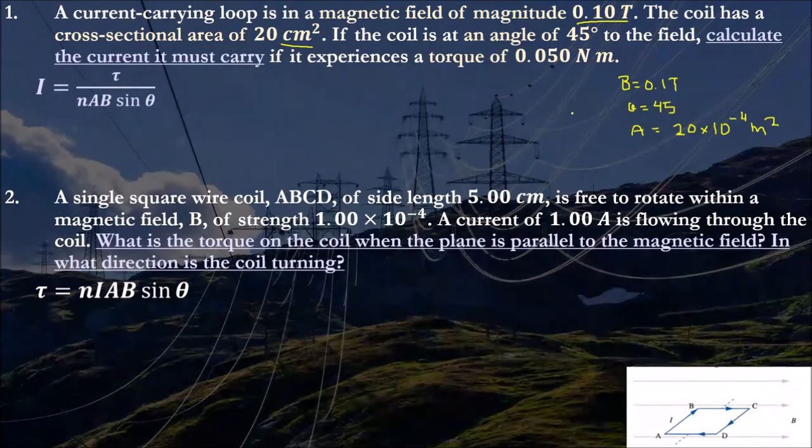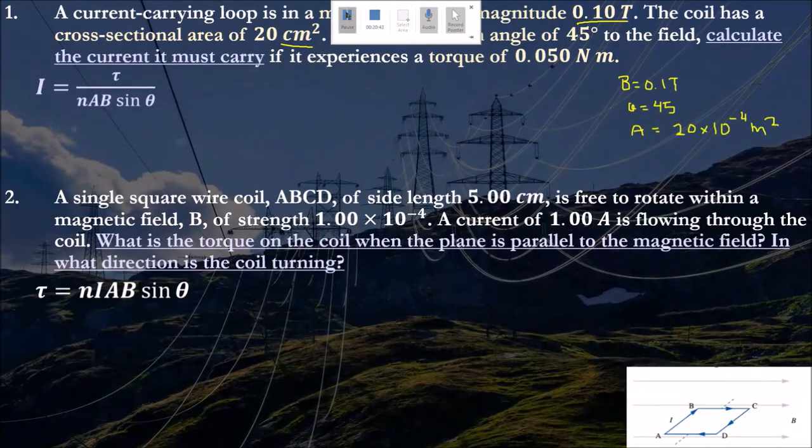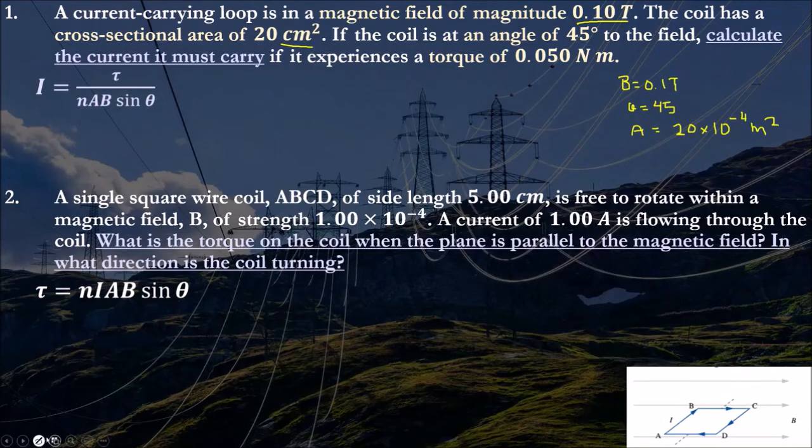We need to square that across. The reason why we can get that is, if you recall, 100 centimeters equals 1 meter, so you have that squared.